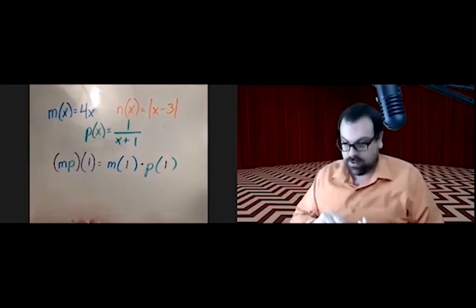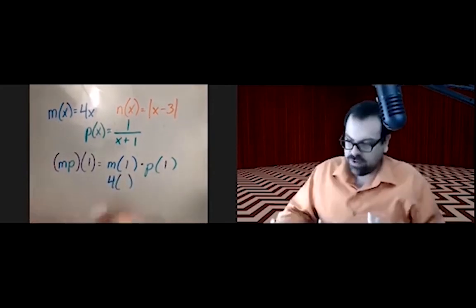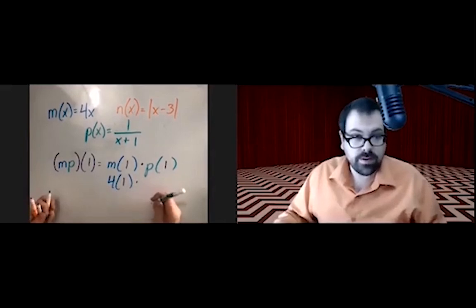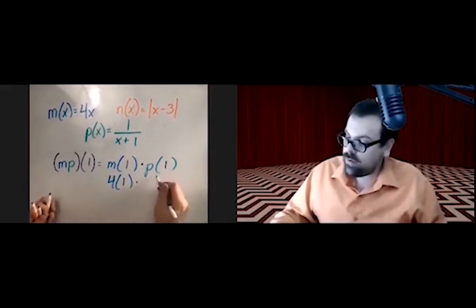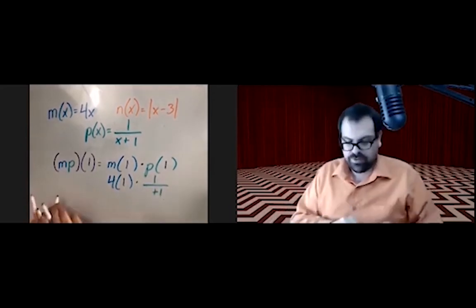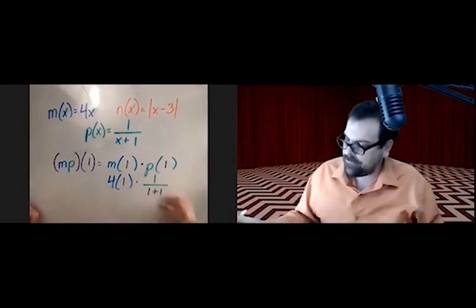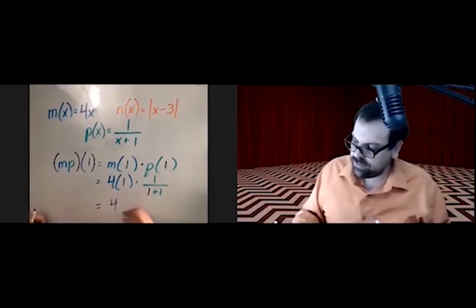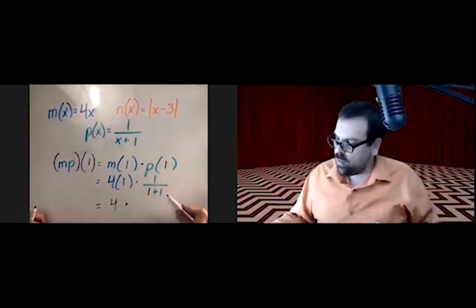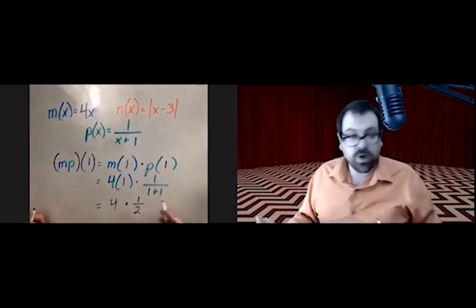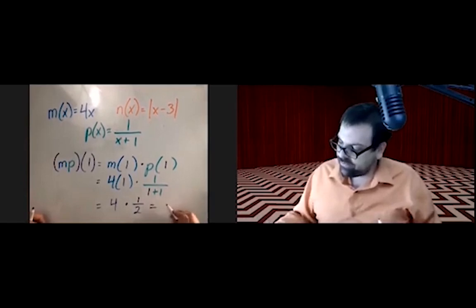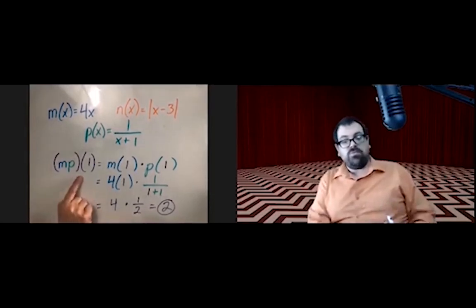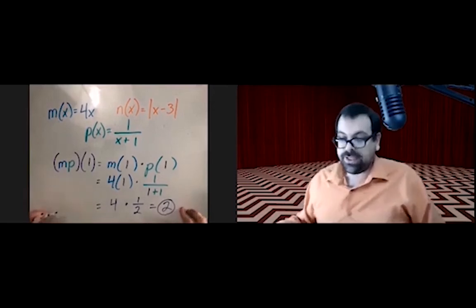M of 1 would be 4 times 1, times p of 1, which would be 1 over x plus 1, where x is 1. 4 times 1 times 1 over 1 plus 1 is 1 over 2. 4 times 1/2 is 2. So m times p of 1 is 2.